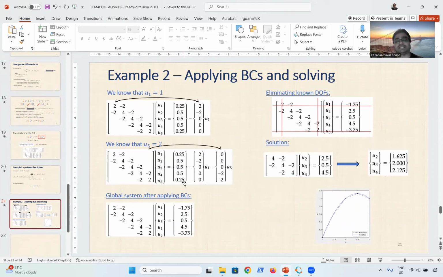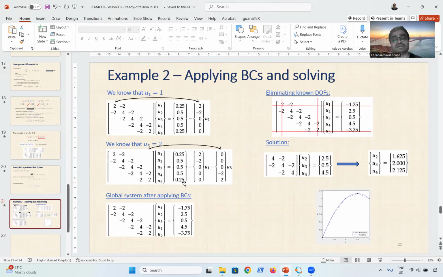So this is the essence of the finite element method, how we apply it in practice to any problem. If we have other PDEs, the element stiffness matrix would be different, but the procedure for assembling, the procedure for applying the boundary conditions, and the discretization would be exactly the same.